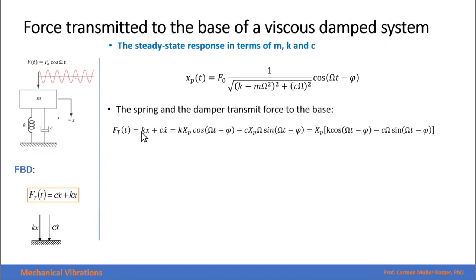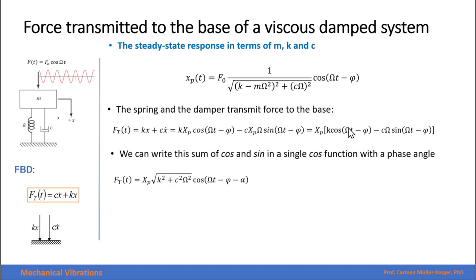The force of the spring will be K times this expression right here, where I call this the amplitude of the response, and the velocity will be the derivative of this expression. This is a constant if we consider that the frequency is constant, and the derivative of cosine is negative sine, and then the internal derivative of the sine is omega.